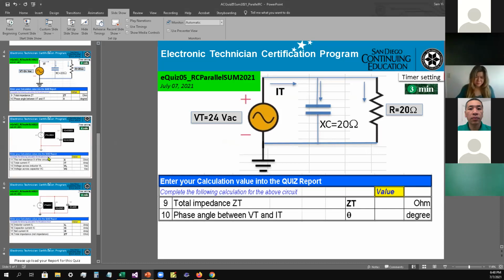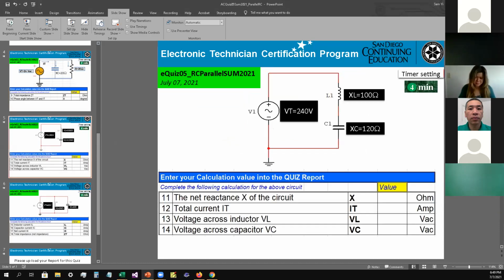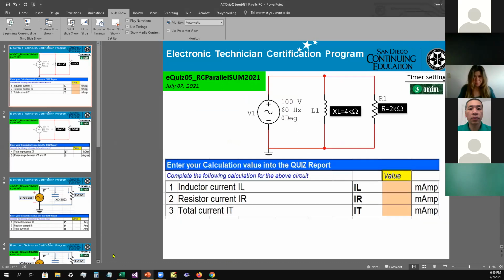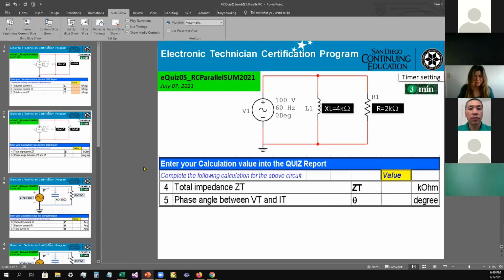Can I see number 4 and 5, please? Four and 5. Okay, yeah, so that's it.